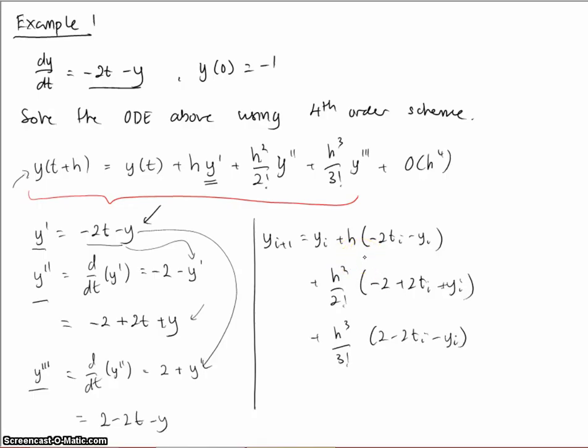This is your general formula to solve this ODE using a scheme up to fourth order accurate. You can solve this by setting i equals 0, finding the values of t0 and y0, and solving until you reach the time step that you want.